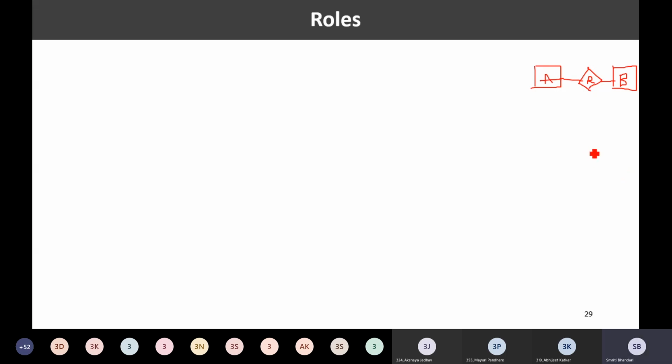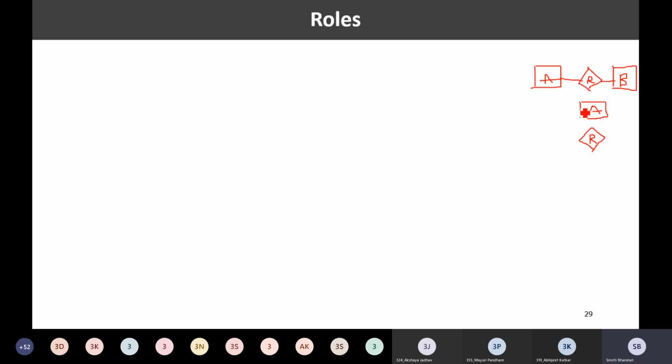What I mean by that, I'll depict here with the help of a diagram. I have relationship set R, and it is possible that the same entity set participates in the relationship set twice, more than once.